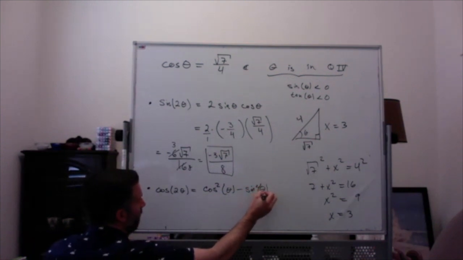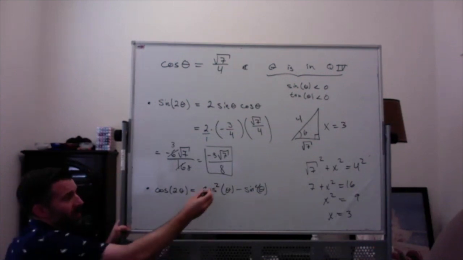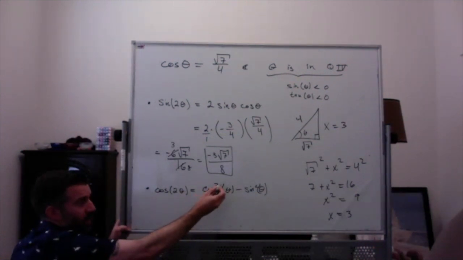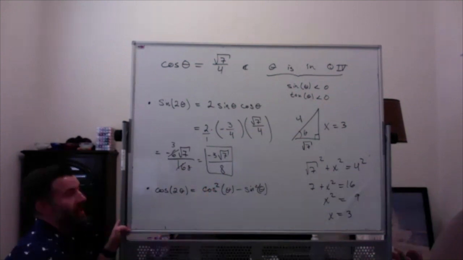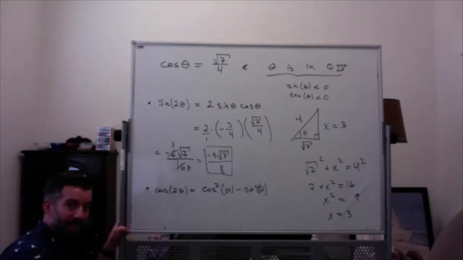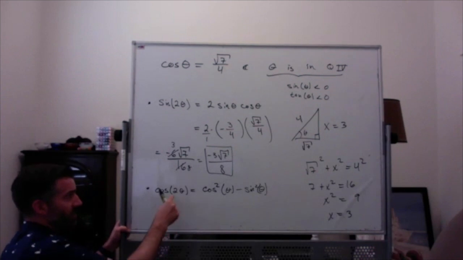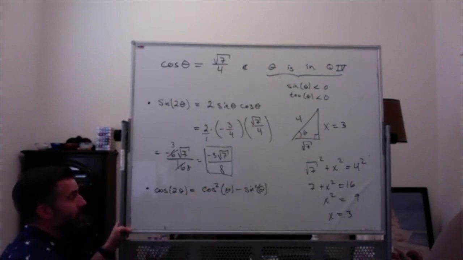One thing to be careful of, and I've seen this too many times: if you're writing cosine squared, be careful that this 2 doesn't somehow migrate down to be next to the theta. I've definitely seen cosine squared theta magically transform into cosine of 2 theta by accident many, many times. So just be careful. If it's 2 times theta, that's different than being cosine squared of theta.